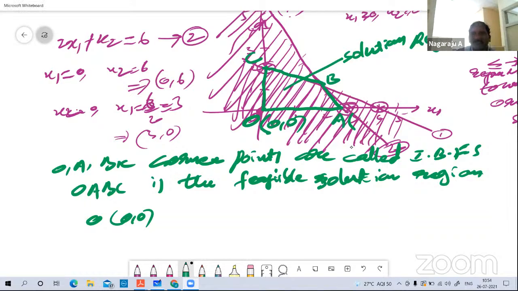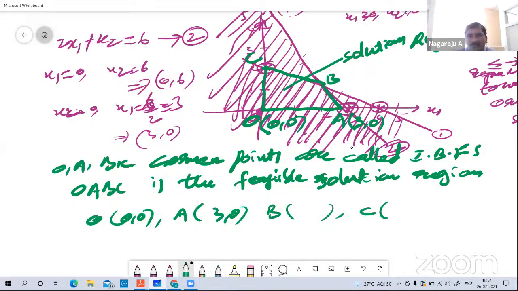Now O we already know. A we clearly know is 3 comma 0. Now B we don't know, we want to identify it. It is the intersection of the 2 lines, which we will solve here, and C is clearly 0 comma 2.